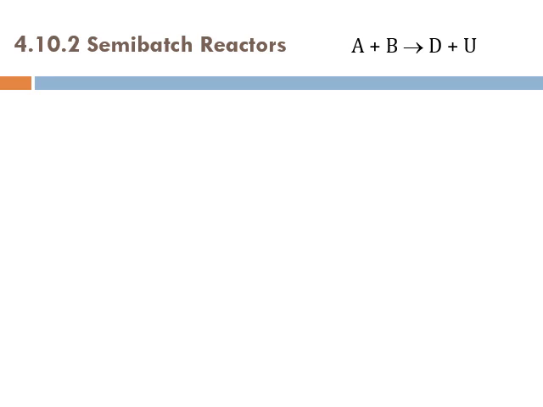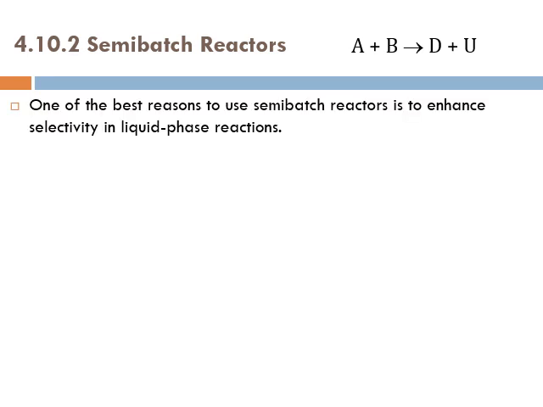Let's continue talking about semi-batch reactors. One of the best reasons to use semi-batch reactors is to enhance selectivity in liquid phase reactions. Why liquid phase reactions? Because semi-batch reactors are popular for liquid phase reactions.